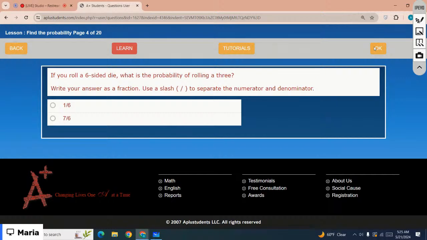If you roll a six-sided die, what is the probability of rolling a 3? Which is the correct option?